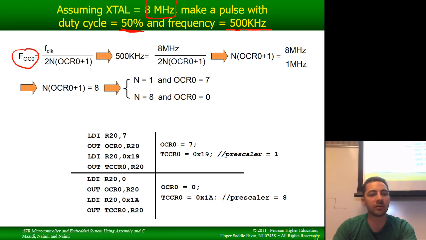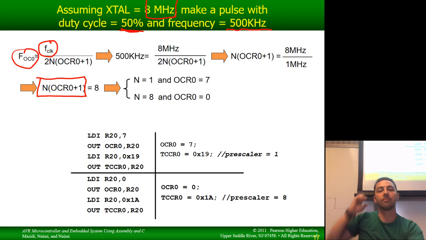You want 500 kilohertz, you have 8 megahertz, solve for your OCR value. All right, now what we did here was we solved for n times our OCR value, because n is our prescaler, and there might be multiple prescaler values that make this work. So we get it down to, okay, OCR 0 plus 1 times n is equal to 8.